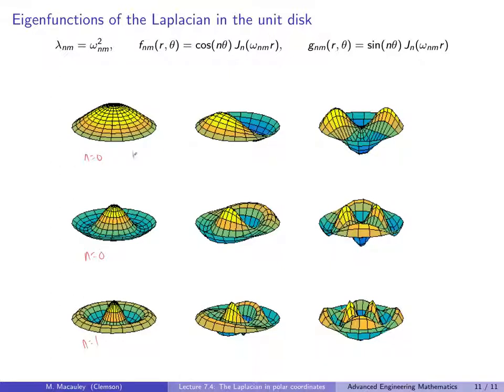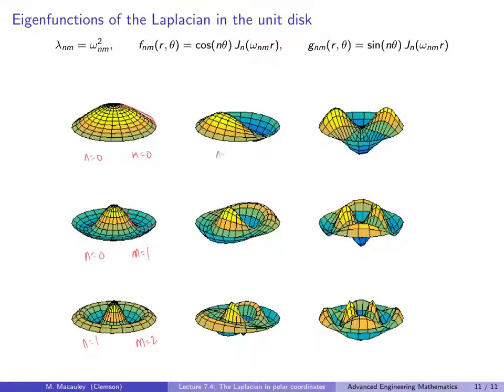So this first one is when m equals 0. That's a cross section. If you slice it right here down this way, you get that Bessel function J naught, the first one there. This second one, the Bessel function, is the dilated version. So this is n equals 0, m equals 1. And this is m equals 2.